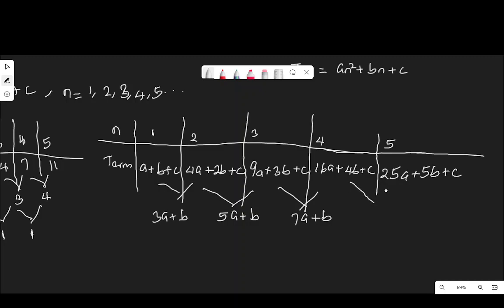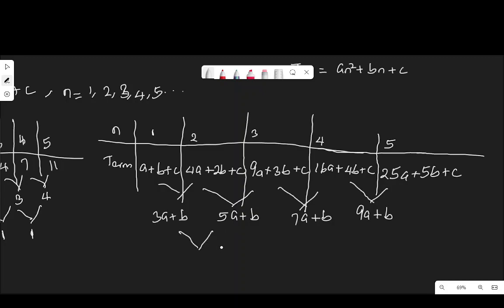Then I subtract this again. c minus c is 0, 5b minus 4b is 1b, and 25a minus 16a is 9a. I have 9a plus b. That is the first order difference. Now let's take the second order difference.